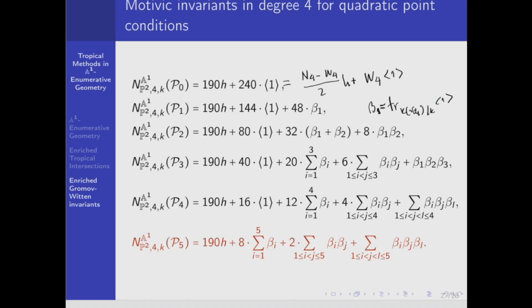And so on. So now N4 of P2 is just a polynomial in the Grothendieck ring of beta 1 and beta 2. Now beta 2 is the trace of the field of definition of maybe another field extension. Because for an arbitrary field, let's say over the rationals, I have infinitely many degree 2 extensions, which is something very different from the reals, in which I have only one degree 2 extension.